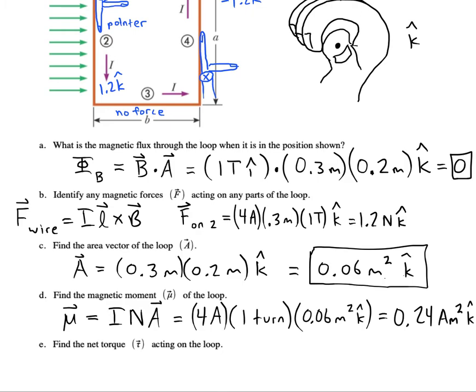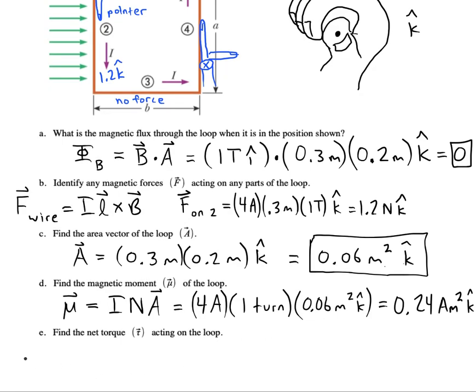Okay, so to get the torque, there's 2 ways we can do it. You can either use the formula that the net torque will be the sum of all the torques that are happening. Now this is from physics 1. We do R cross F for torque is one option. Now with magnetism, we have another option as well.